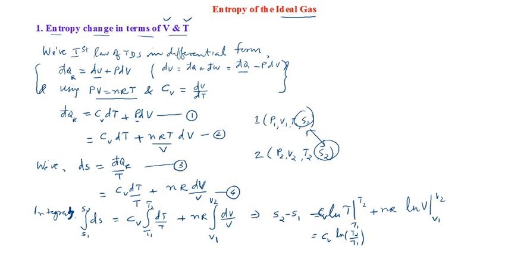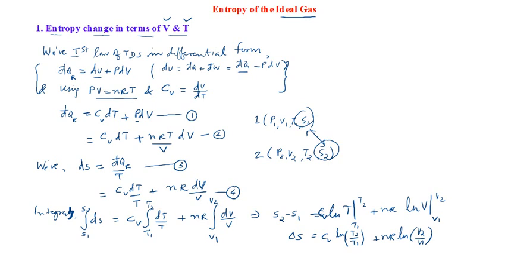Plus nR log V2 by V1. So that can be our final expression. That is our delta S. Delta S is S2 minus S1, final minus initial. So my delta S is equal to Cv log T2 by T1 plus nR log V2 by V1.